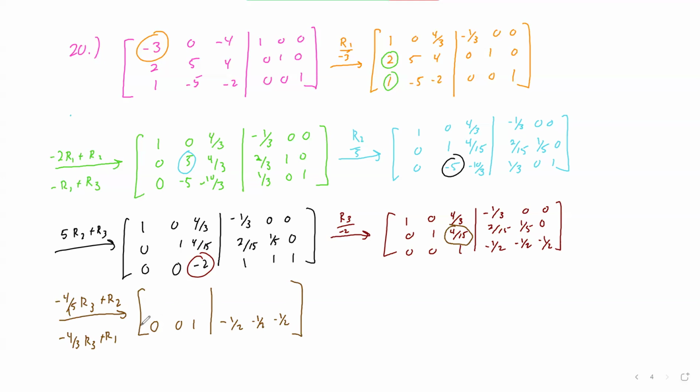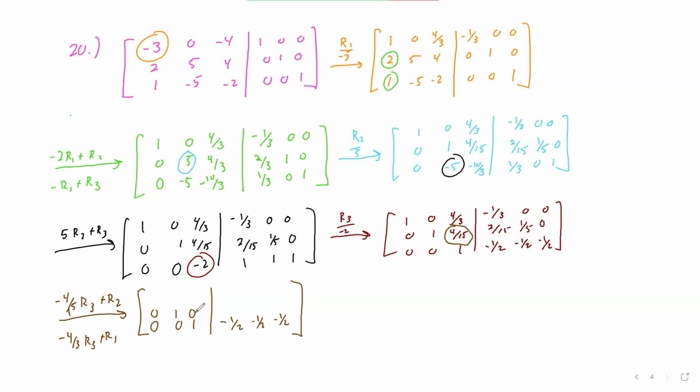And now let's do row 2 first. So -4/15 times 0 plus 0 is 0. -4/15 times 0 plus 1 is 1. -4/15 times 1 plus 4/15 is 0. Now this is where it gets magical.